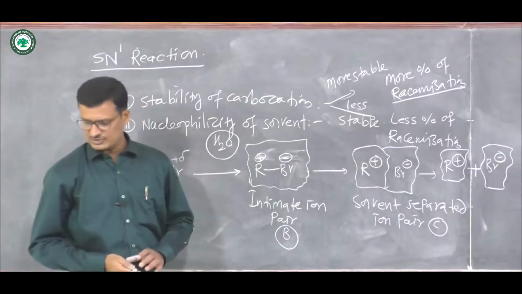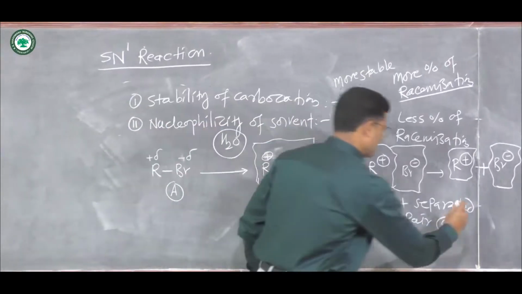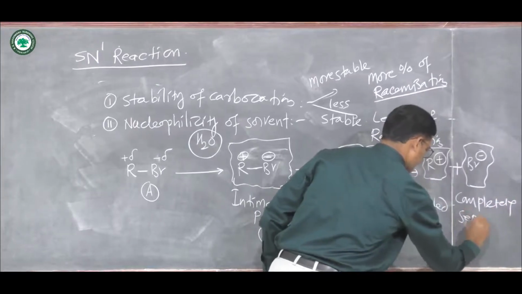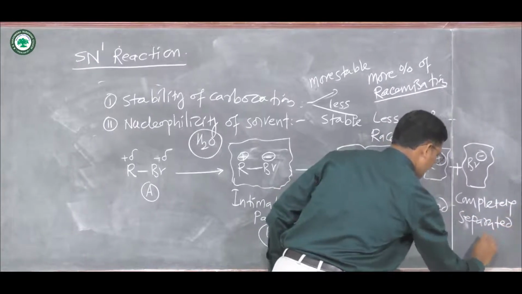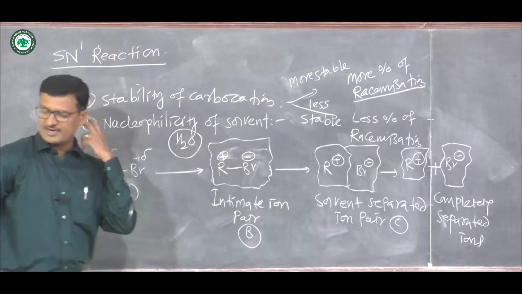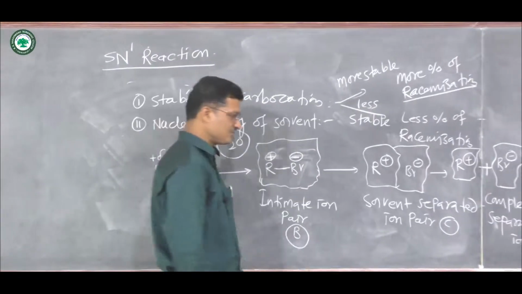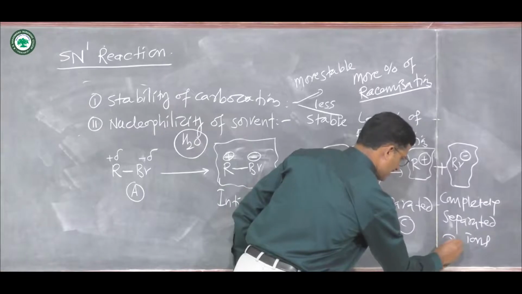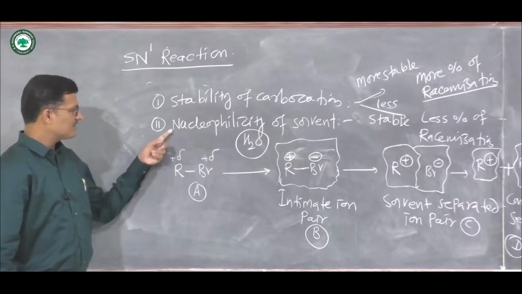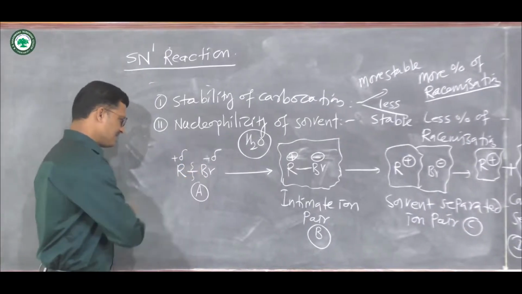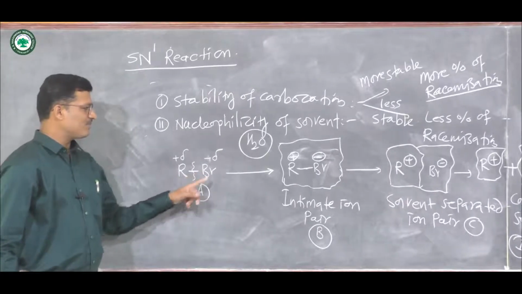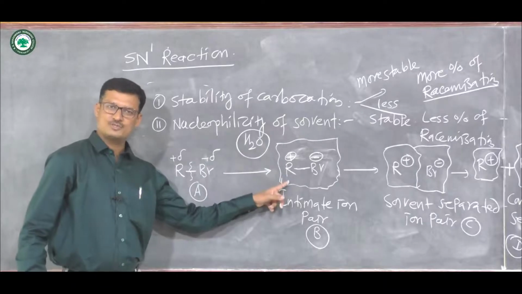This is called completely separated ions, or completely separated solvated ions, and this situation is called D. So we discussed that in SN1 the bond between carbon and Br breaks, it requires energy, and this energy is provided by the solvent molecules through the solvation process.